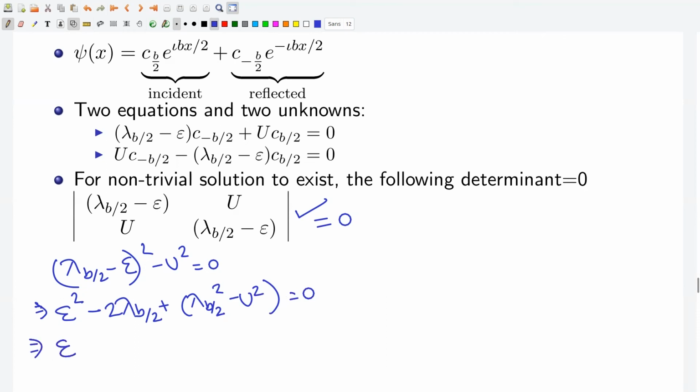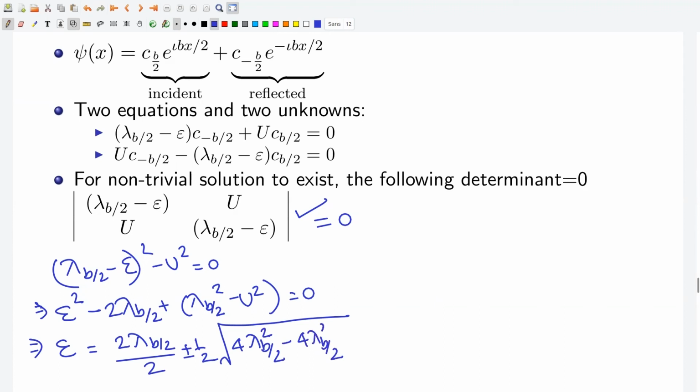Thus, the energy values are 2 lambda b by 2 divided by 2 plus minus half square root of 4 lambda b by 2 square minus this plus 4 u square.